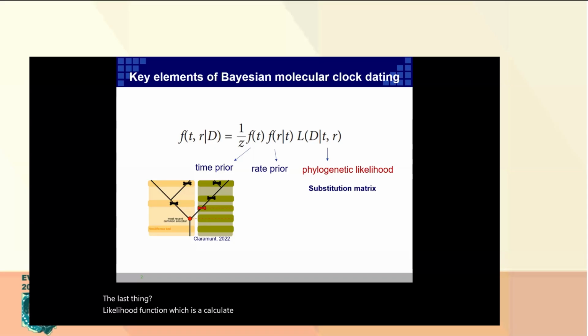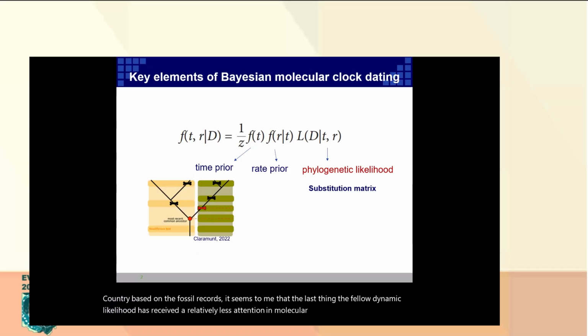While there have been quite a number of studies in terms of the first two things, particularly the time prior, which is about how to calibrate the time tree based on the fossil records, it seems to me that the last thing, the phylogenetic likelihood, has received relatively less attention in molecular clock dating.